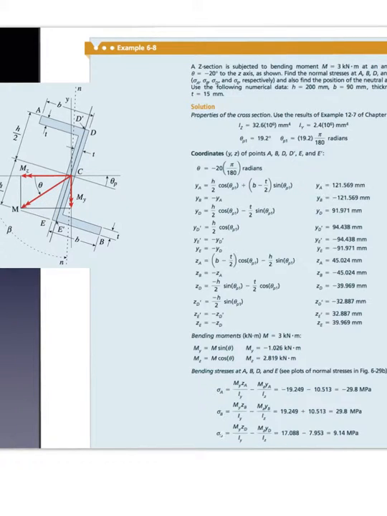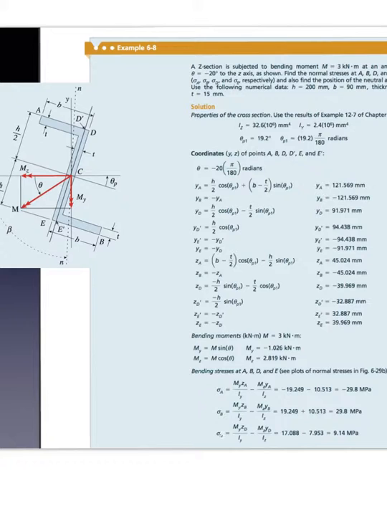This requires us to break the resultant bending moment into two components, Mz and My. This will make it easier for us to know the direction, either positive or negative, of the normal stresses acting at one point due to each component of the bending moment.